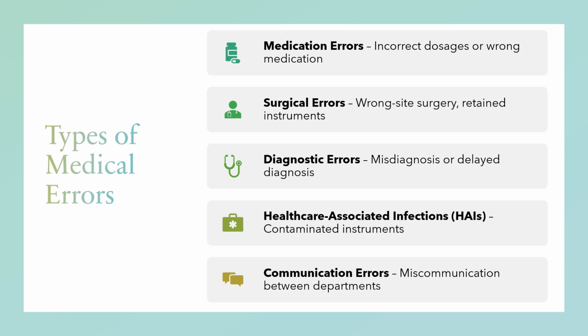And last but not least are communication errors, so miscommunication between departments. This is especially important for us because even though we do not have direct access to that surgical patient, we do have access to personnel within the surgical floor. And so communication is critical when we are trying to deliver a sterilized set.